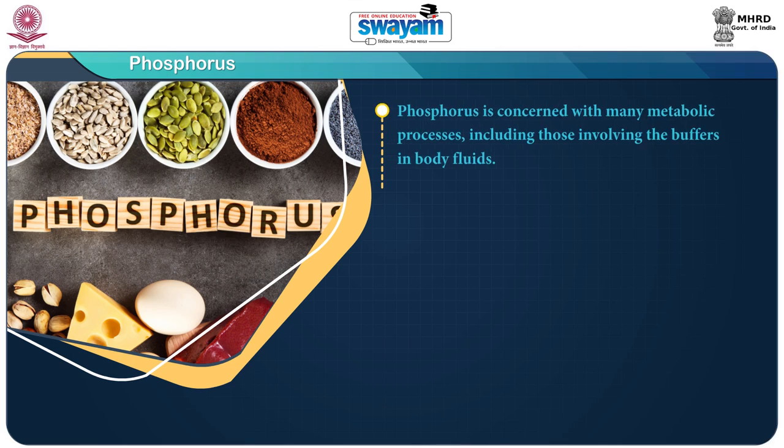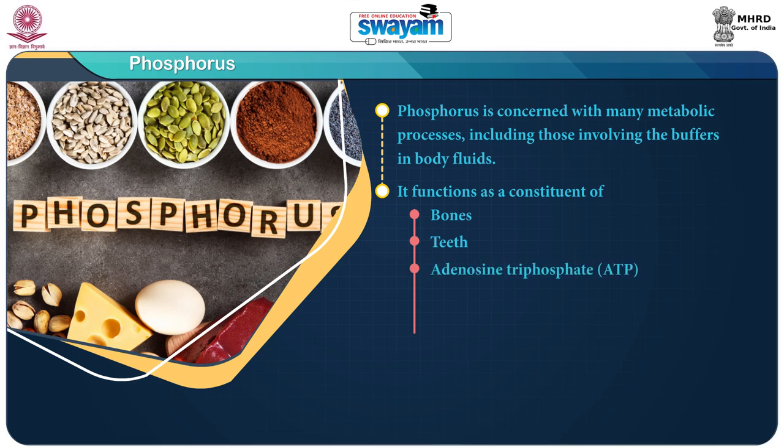Phosphorus is concerned with several metabolic processes in the body, including those involving buffers in body fluids. It functions as a constituent of bones, teeth, adenosine triphosphate, phosphorylated metabolic intermediates as well as nucleic acids.